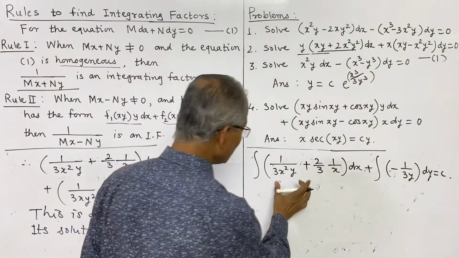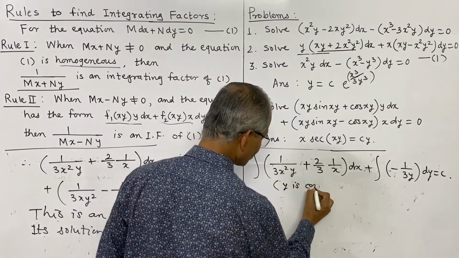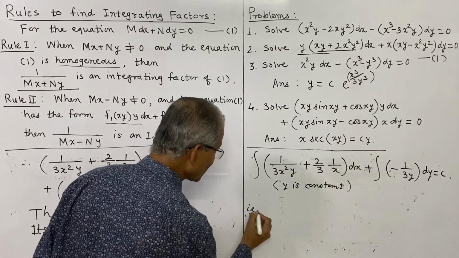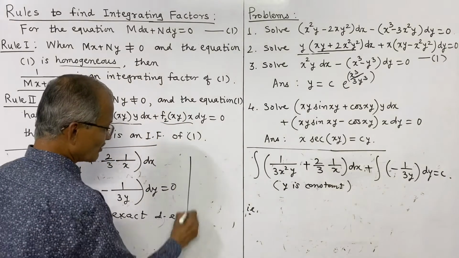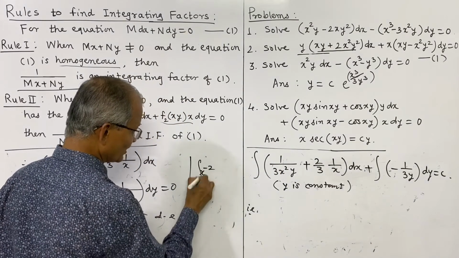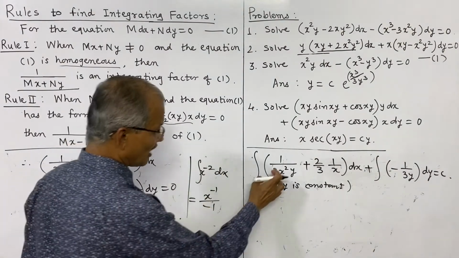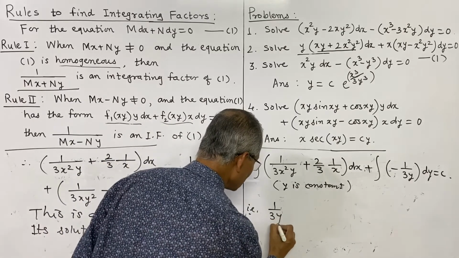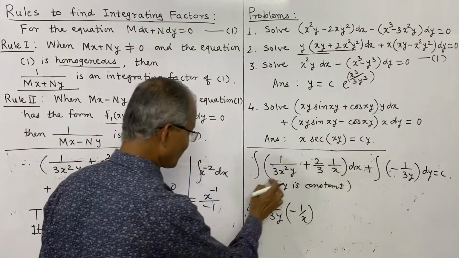And now the integration, and here we should remember that y is constant. Integration of 1 upon x square, the term is x to the power minus 2. Its integration is x to the power minus 1 divided by minus 1, and 1 by 3y is constant. So minus 1 upon x is the integration of 1 upon x square.